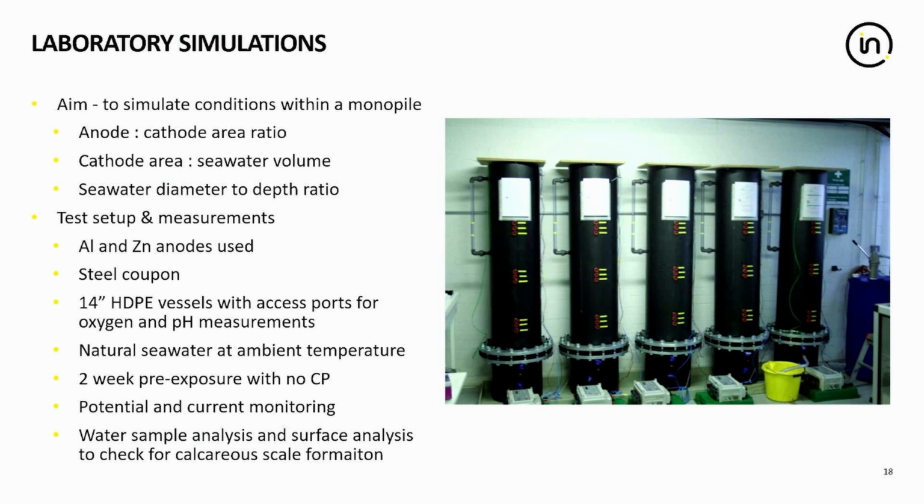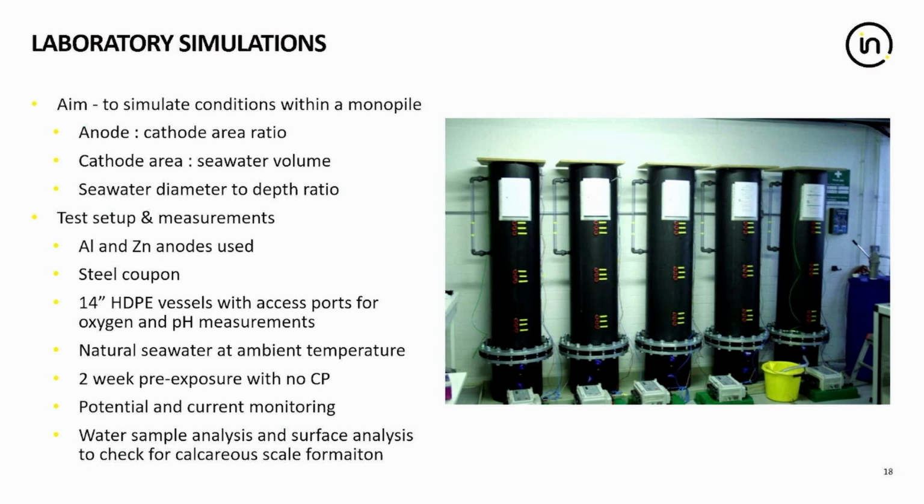In the end, we used some large plastic pipes which were set up and filled with seawater to represent the monopile. We set tests up with both aluminium and zinc anodes for comparison, and a steel coupon represented the monopile, and that was a vertical strip set up inside the test cells.